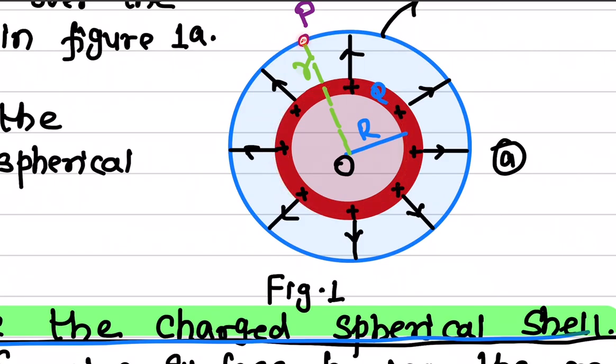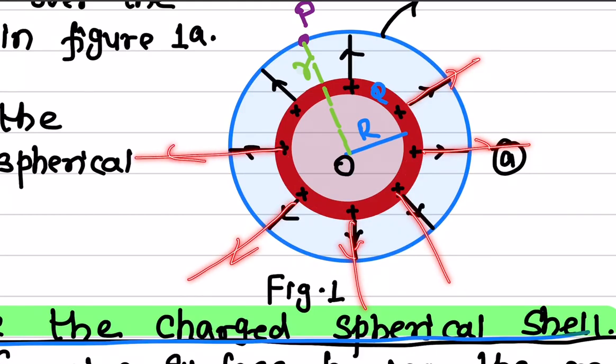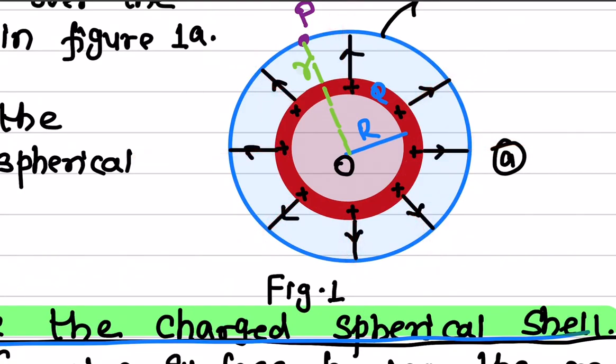So this is our charged hollow spherical cell, and we are interested in finding out the electric field which is outside. The radius of the charged hollow spherical cell is R, and we are interested in finding out the electric field at point P, which is at a distance r. As this is a positive charge, the electric field outside is radially outward, because the electric field is always outward for a positive charge.